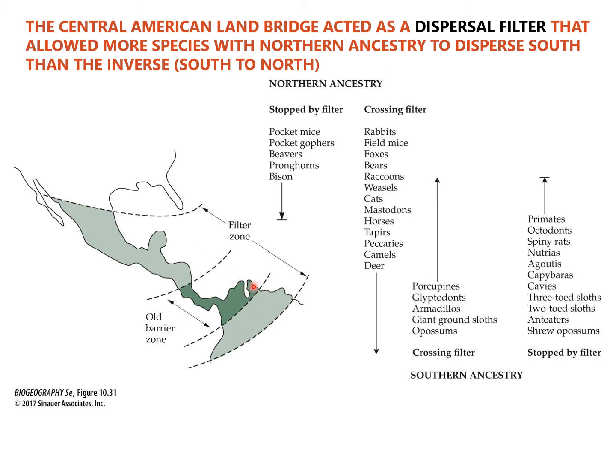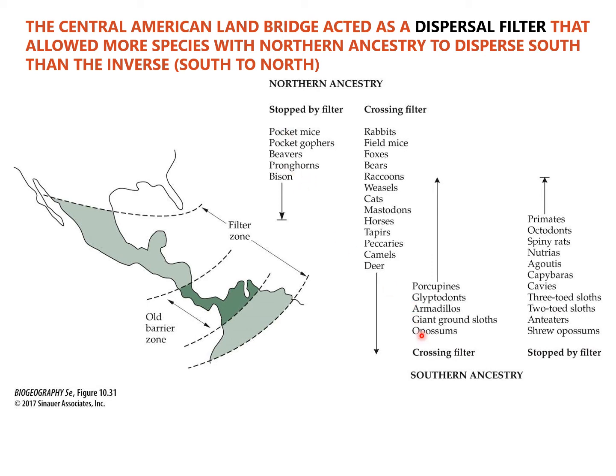If you remember back when we talked about what a dispersal filter is, you had all of these groups of organisms that were able to cross from North America to South America, and then you had a number of organisms that were stopped. Basically, the filter prevented these organisms from crossing.